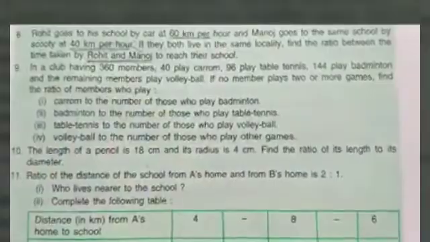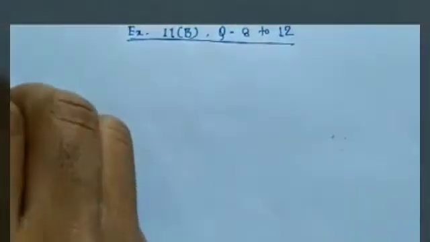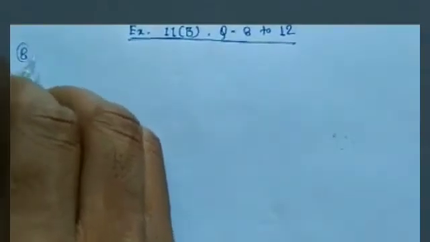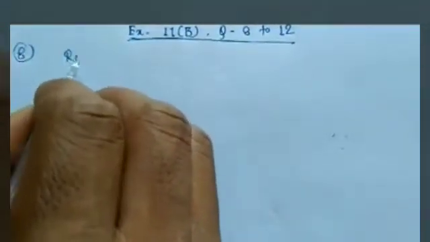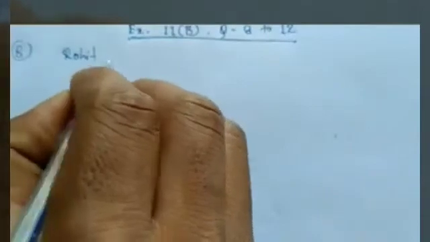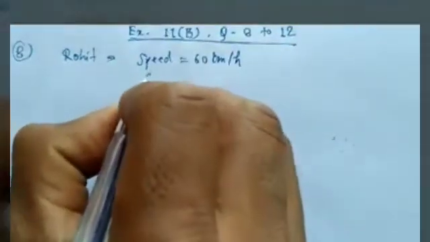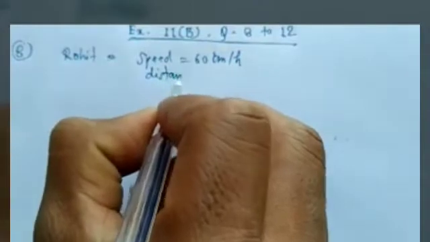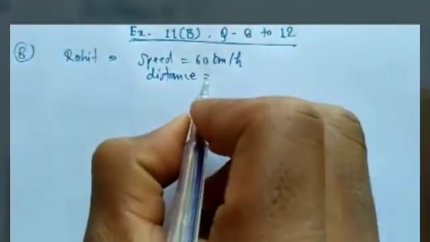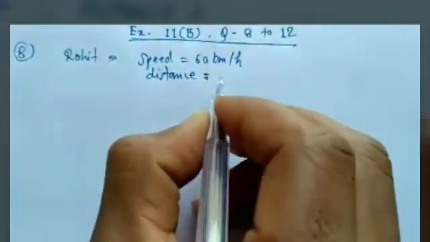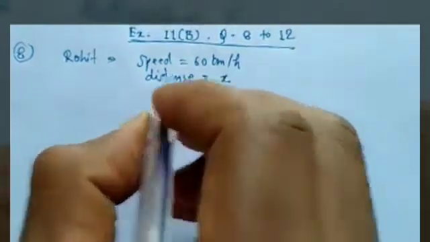So let's start to solve this question. Question number 8. We will solve for Rohit. Rohit's speed is 60 kmph. And distance is, suppose that the distance is same, both distance is same, so we consider x as the distance.